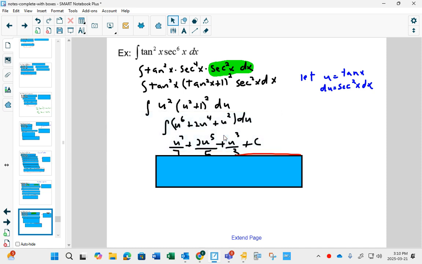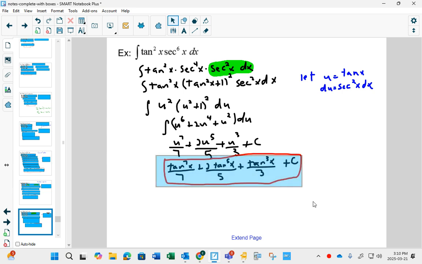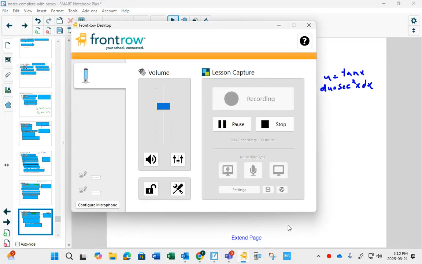Distribute. First I would square this, then I would distribute my u squared after that. And simplify. Is that our last? Yes, that's our last one for Trig. I'll end the video here.